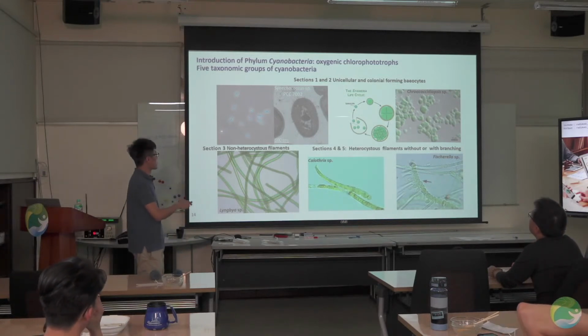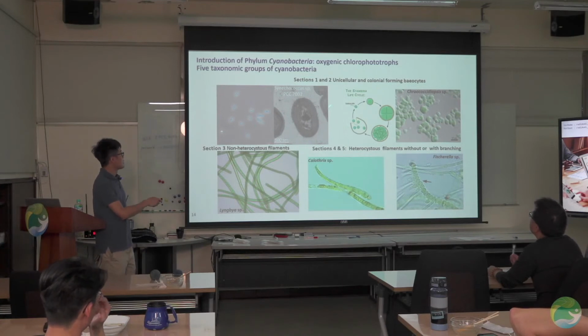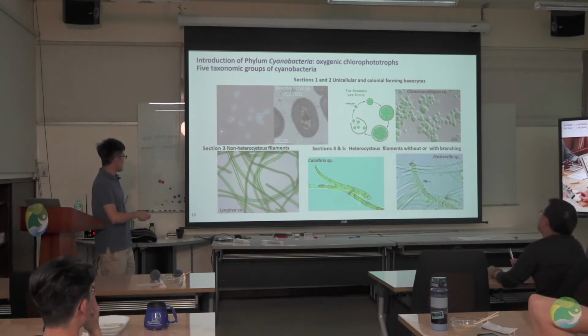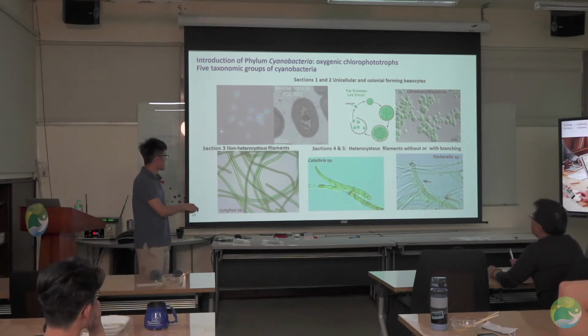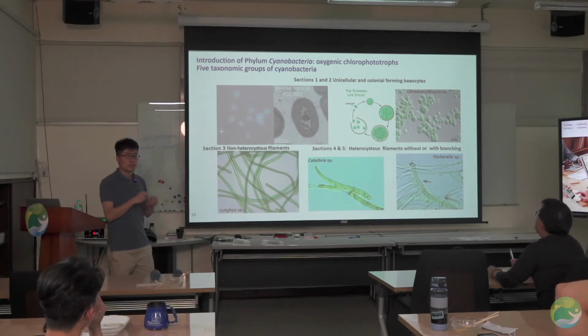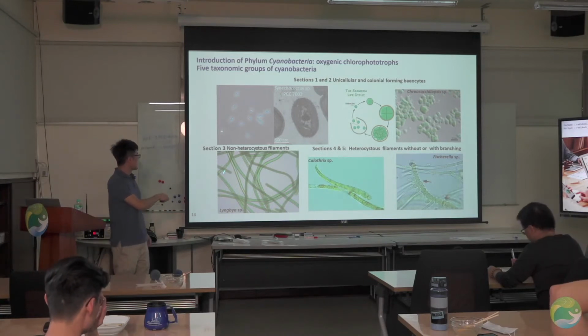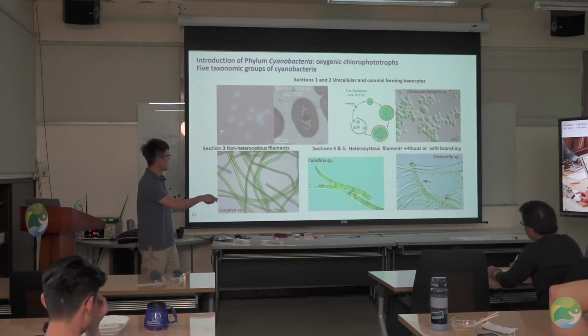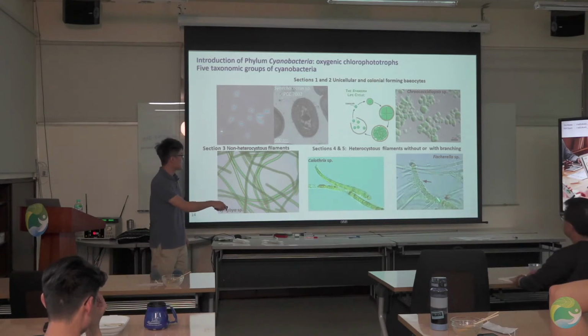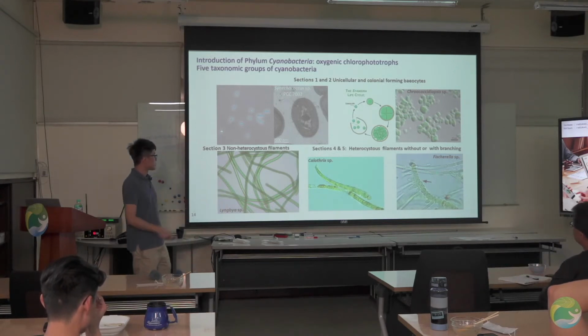So there are unicellular cyanobacteria, and based on their life cycles, we can divide them into 2. And there are also filamentous cyanobacteria, like a chain of cells. Some of them don't produce heterocysts, and some of them produce heterocysts and branches.